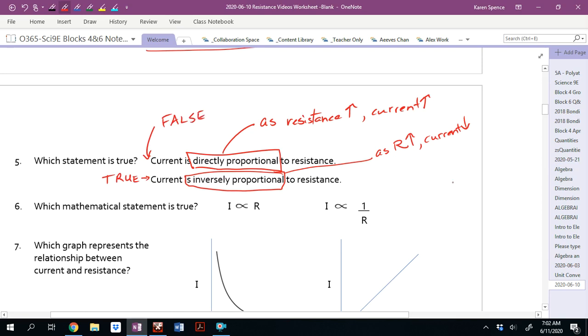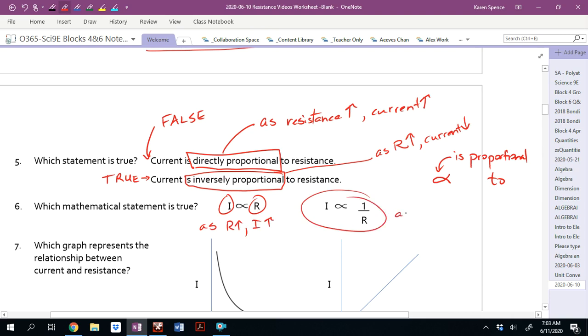Okay, so remember this little weird symbol here? Looks like a little fishy. That means is proportional to. And current is proportional to resistance would be a direct proportionality, as this means as resistance increases, the current increases.